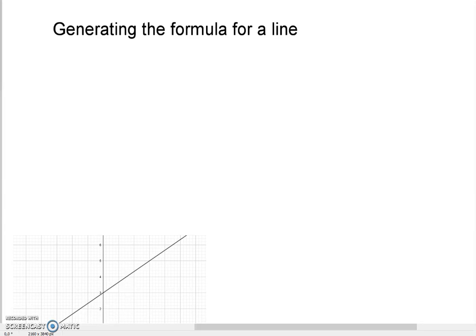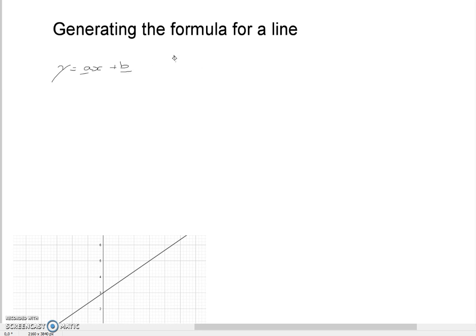This video is about generating a formula for a line when you have the graph. The x is the variable, y is the outcome, so to say, and the letters a and b are coefficients.